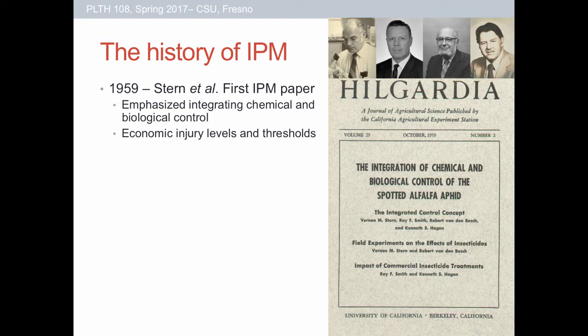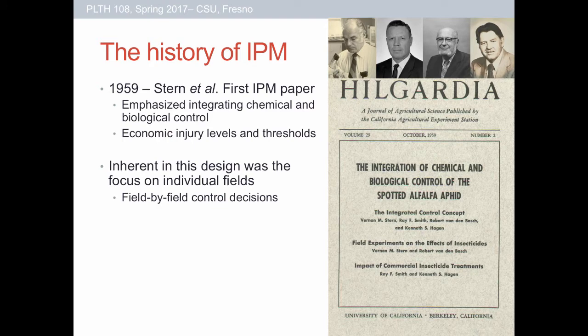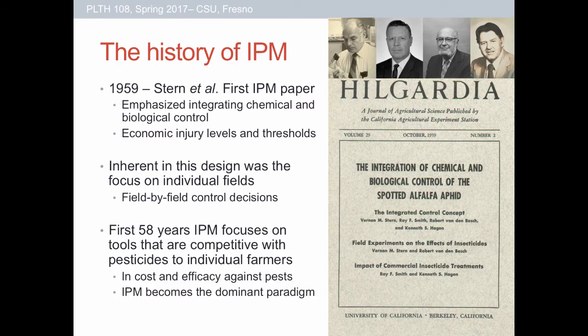And we should also figure out when we need to treat and not spray any times other than that. So they established the idea of integration and economic thresholds. This design was inherently focused on that individual field-by-field control decision that we talked about last week during the area-wide control. It was really well directed at individual farmers, PCAs, that approach to pest control.